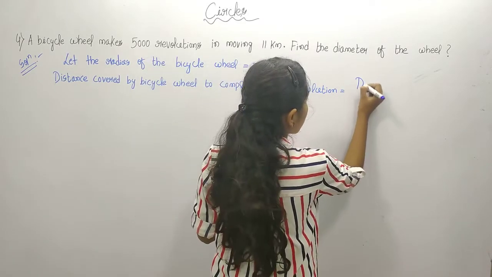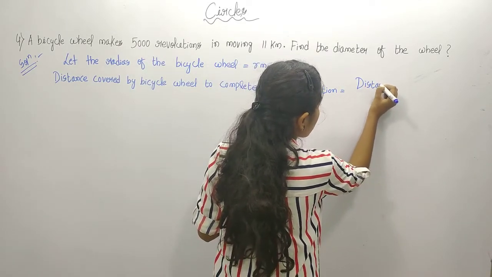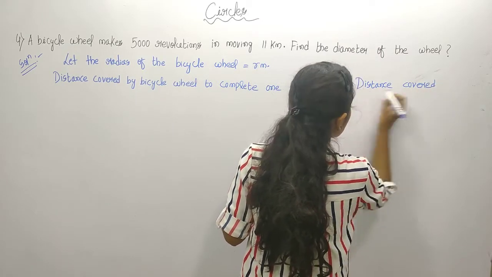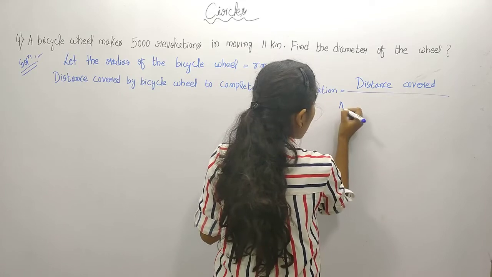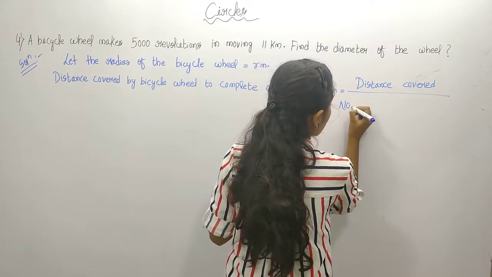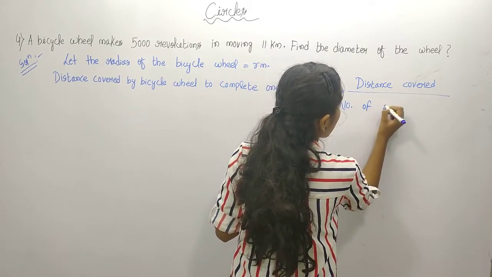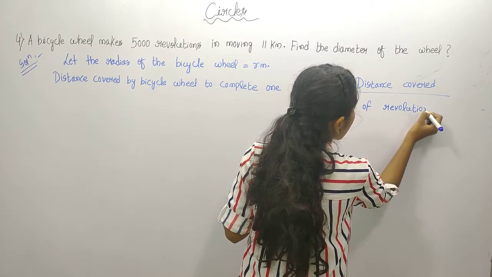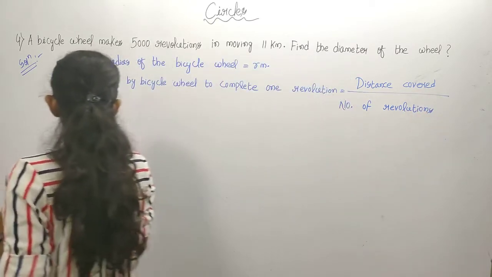It is equals to distance covered divided by number of revolutions. I have said you before, number of revolutions. Okay.